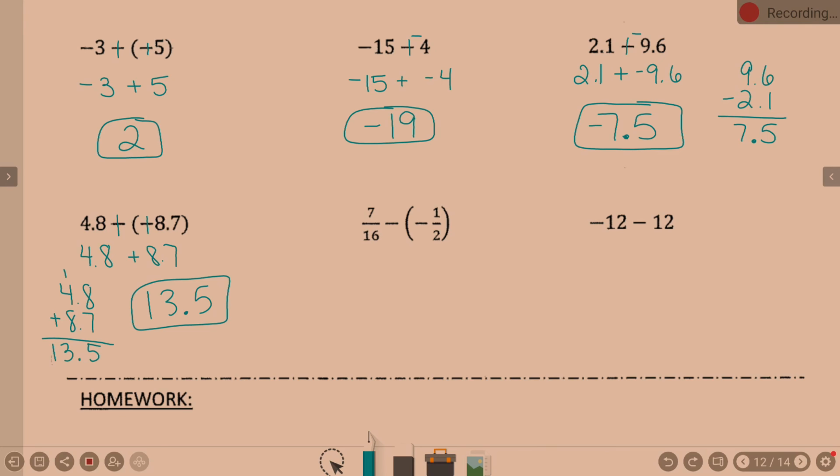Not 8. Because we have to use a number that has to be at least as big as 16. You can't go smaller than 16 for a common denominator. But does 2 go into 16? Yeah, 16 divides by 2, doesn't it? So we're going to use a common denominator of 16.